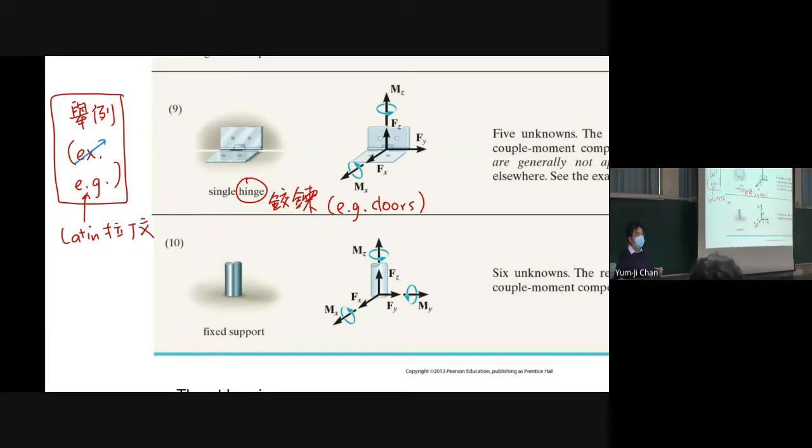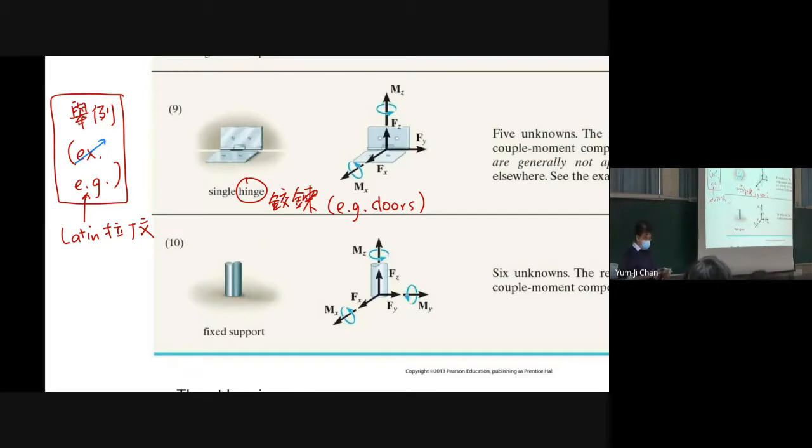But in English we always write it as E.G. Of course, when you write in Chinese, for example online, you might write it differently, but remember that when we write in English, we need to have it as E.G.